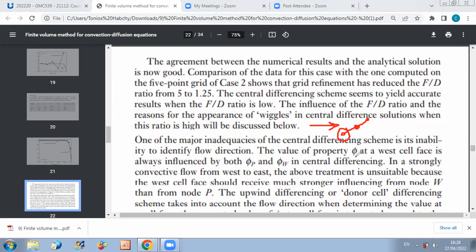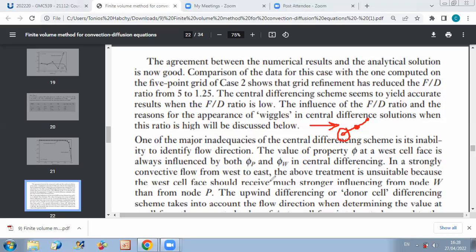So the value of property phi at the west cell face is always influenced by both phi P and phi W in the central differencing scheme. However, if we have a strongly convective flow from west to east, the above treatment is not convenient because the west cell face should receive much stronger influence from the node at west than from the node at east of P.